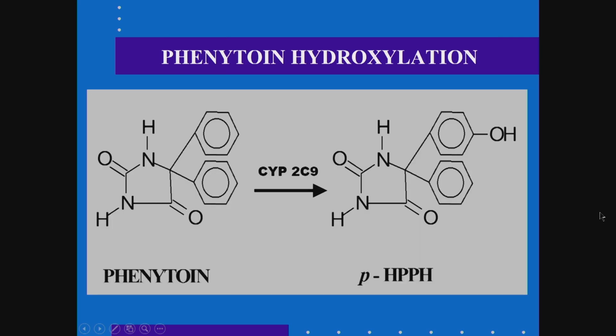And let's focus on phenytoin. Phenytoin undergoes metabolism in the liver via this main pathway of cytochrome P450 2C9, and we have this para-hydroxylated metabolite that is generated through this pathway.